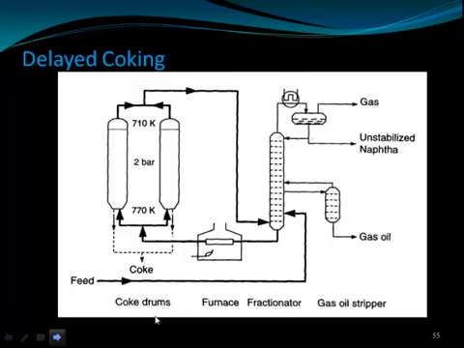Here the feed is taken to the fractionator, where we can have the gas oil and the unstabilized naphtha. Depending upon the pressure and the temperature, it will be delayed, and the heavy molecular weight coke will be degraded into lower molecular weight material that we can separate out as the various product streams.